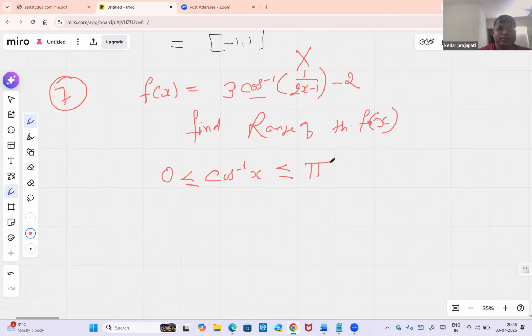Now see here it is cos inverse x. So in place of x, they have written this expression, and I can simply write it like this.